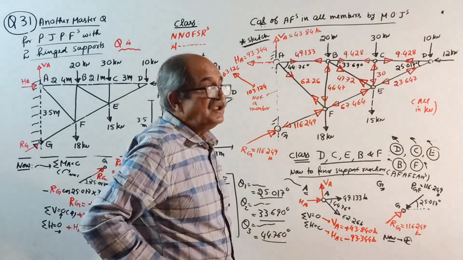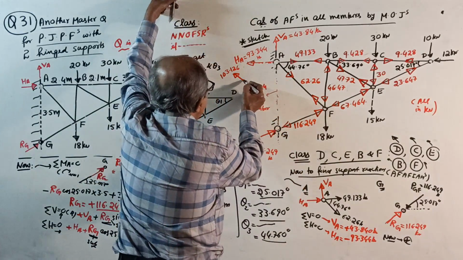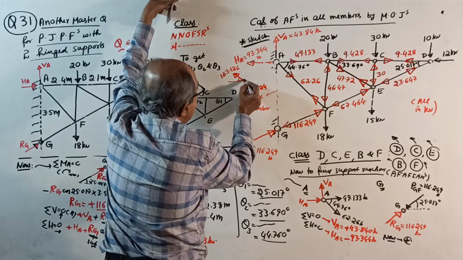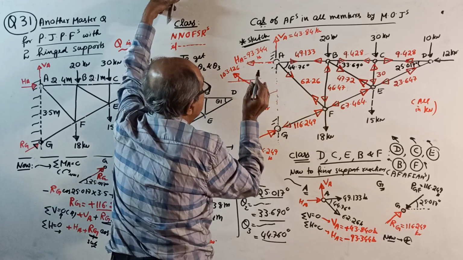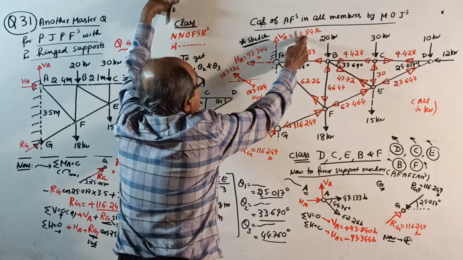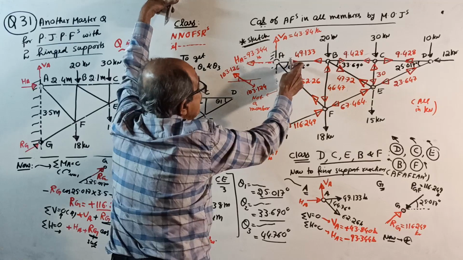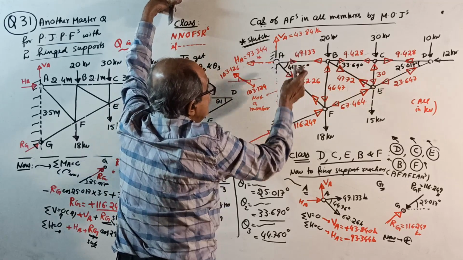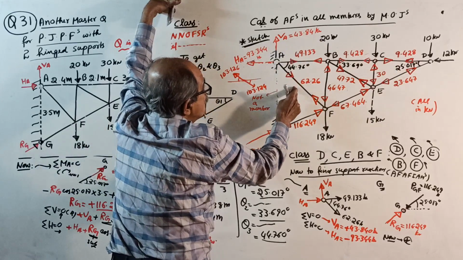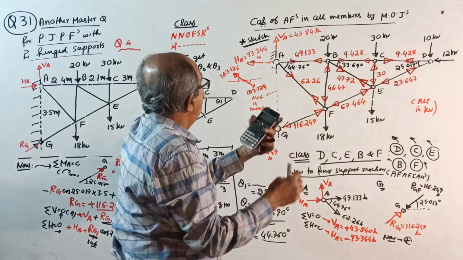Also, the angle made by the resultant with the horizontal should be equal. The angle made is tan inverse of 43.84 by this one. But here the angle made with this force is this force into sin theta divided by that force plus this force into cos theta.